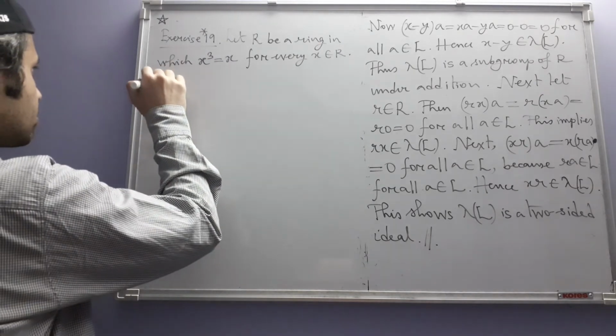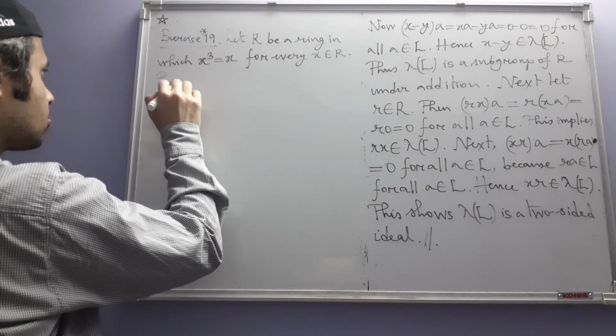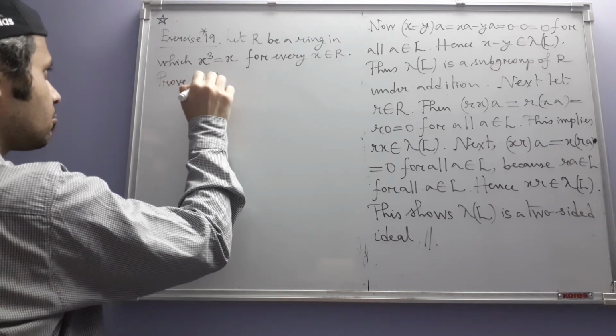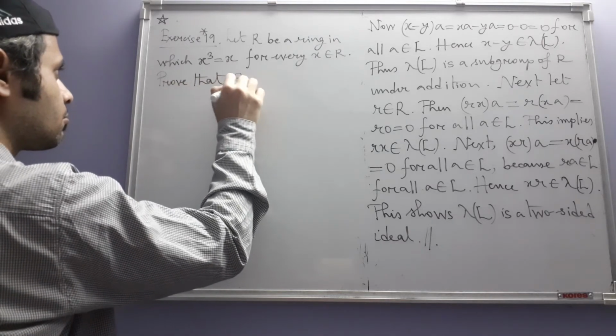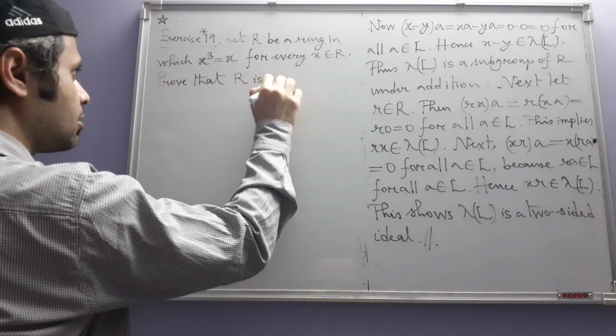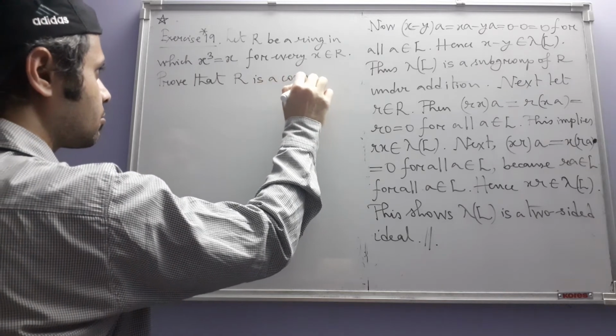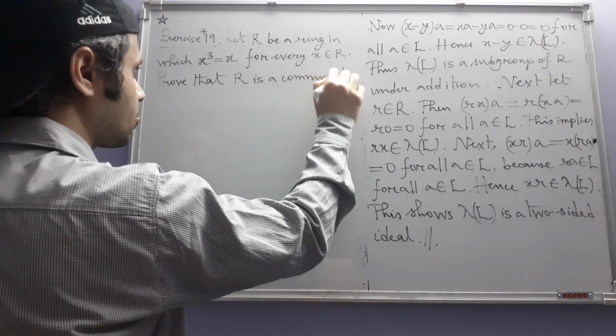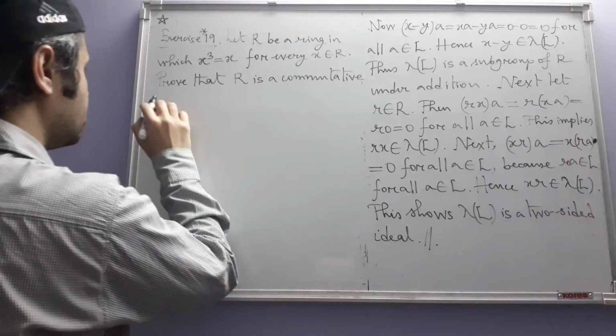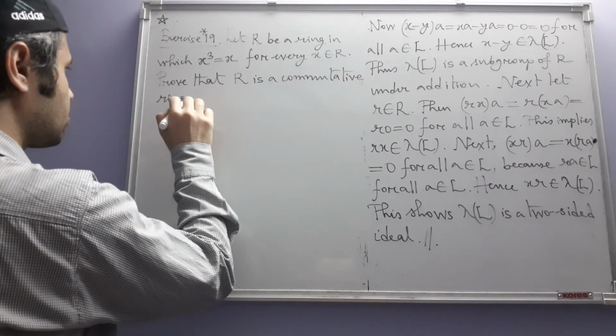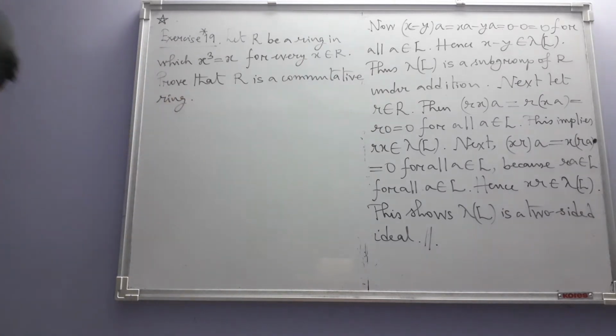Prove that R is a commutative ring. Okay.